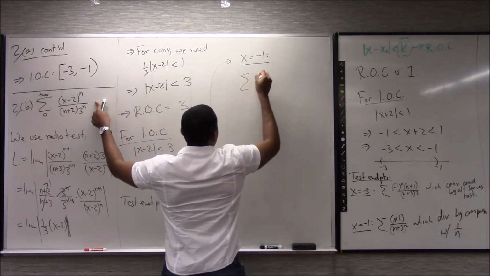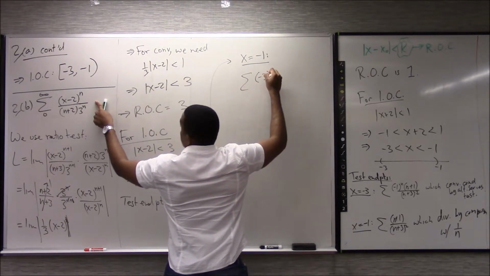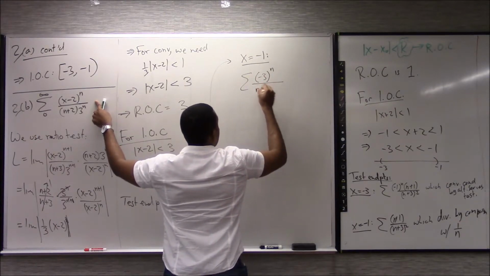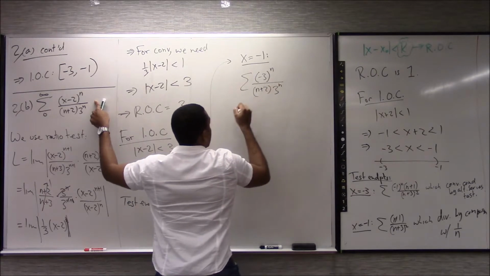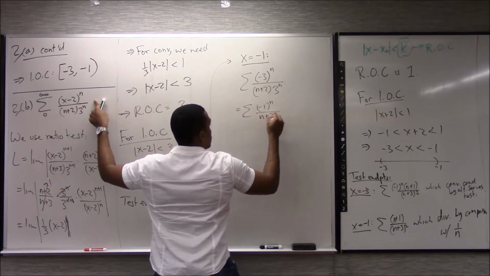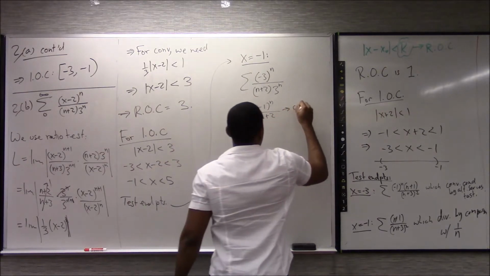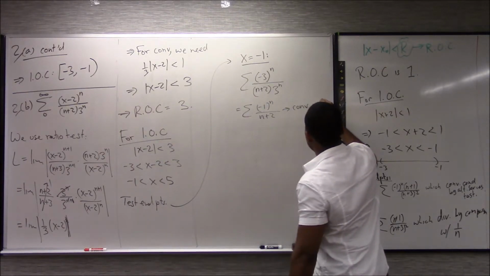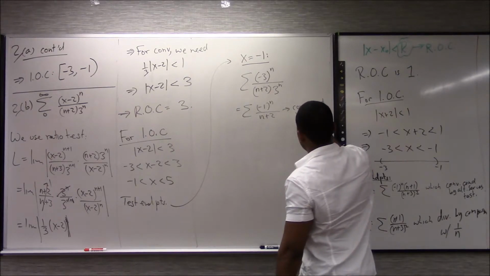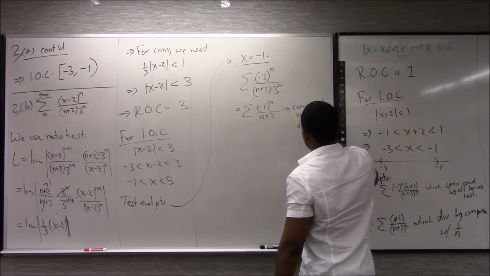That would be the sum of minus 3 to the n over n plus 2 times 3 to the n, which basically just becomes minus 1 to the n over n plus 2, converges conditionally by alternating series test.